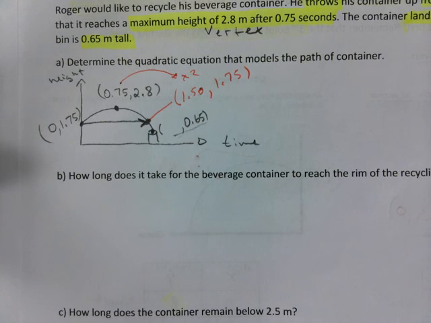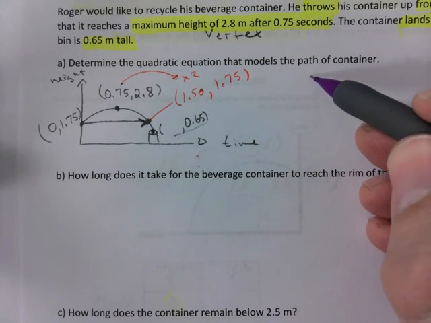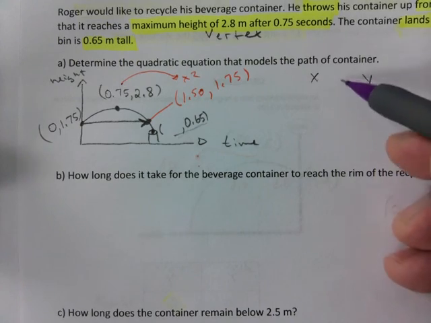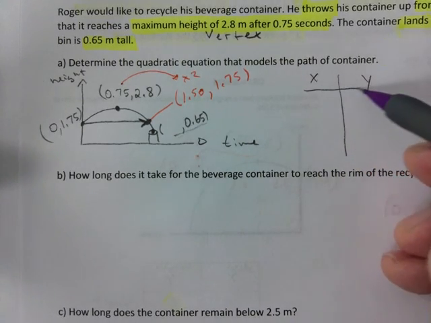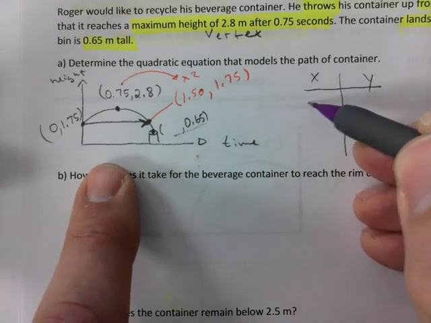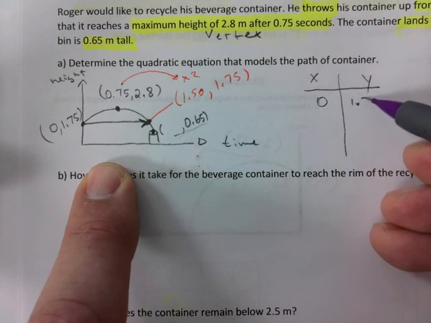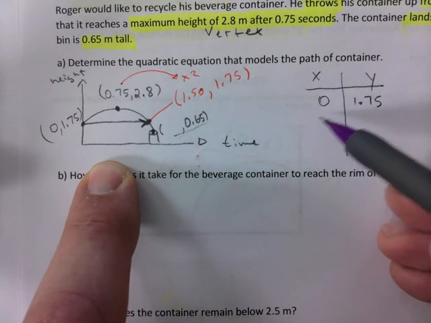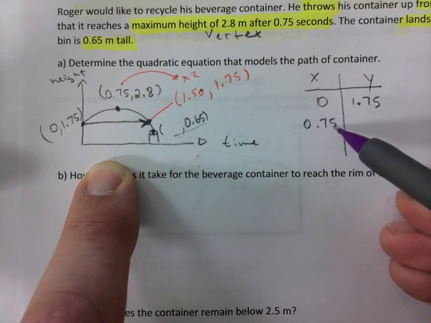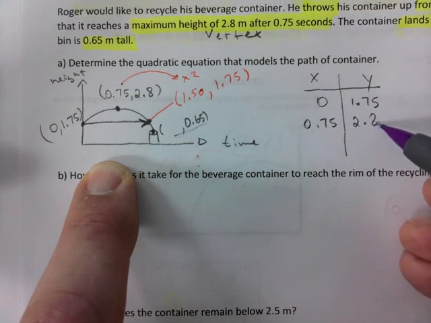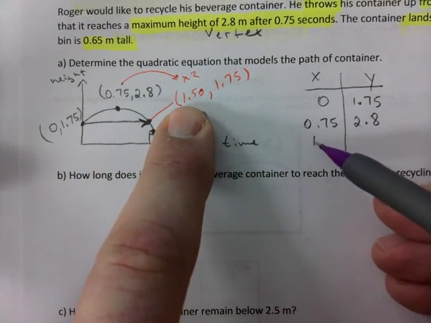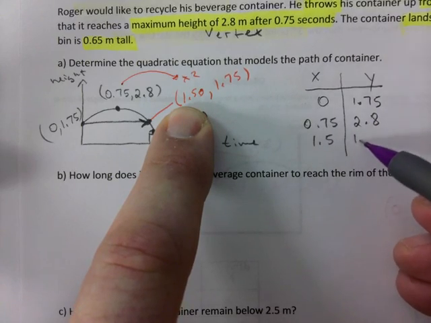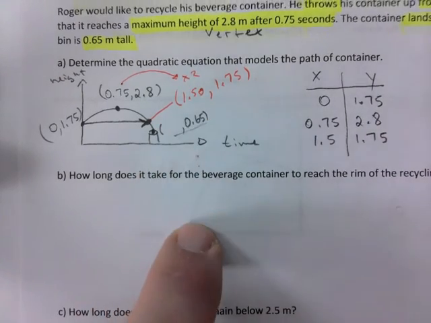I will now make my table, X and Y. I strongly recommend you do that. You go 0, 1.75, then you go to your vertex, and then you go back to where you started.